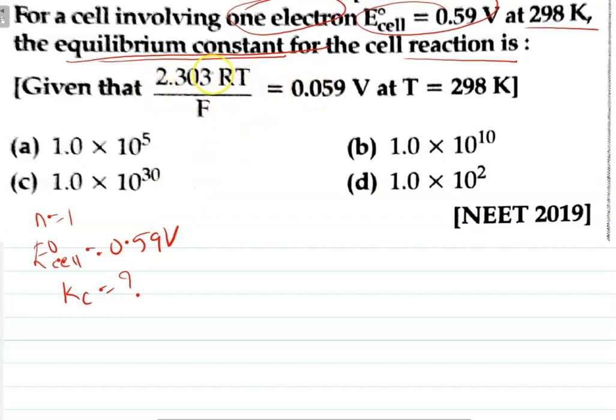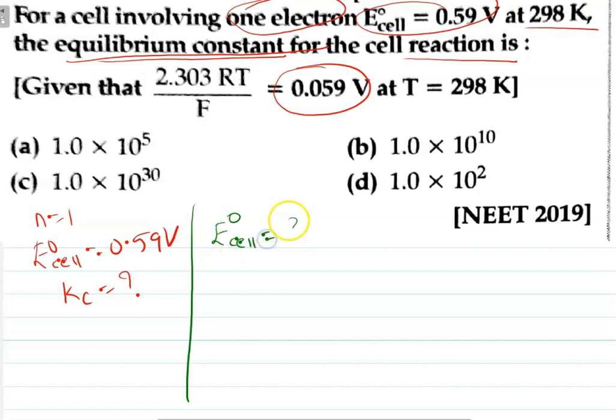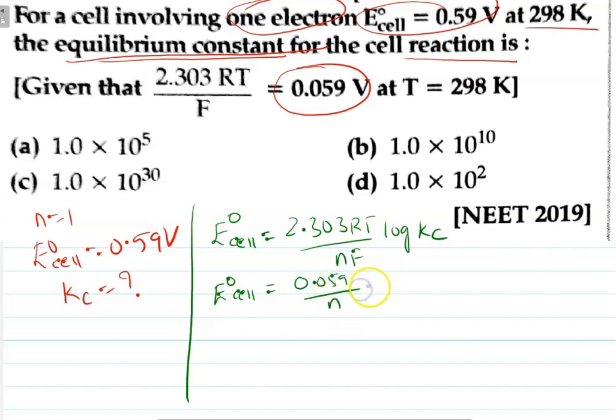These terms we already know: 2.303 RT by NF, that is RT by F, is nothing but 0.059. So what is the relationship between E naught cell and Kc? E naught cell is equal to 2.303 RT by NF log Kc, or the simple way to express it is E naught cell is equal to 0.059 by N log Kc.